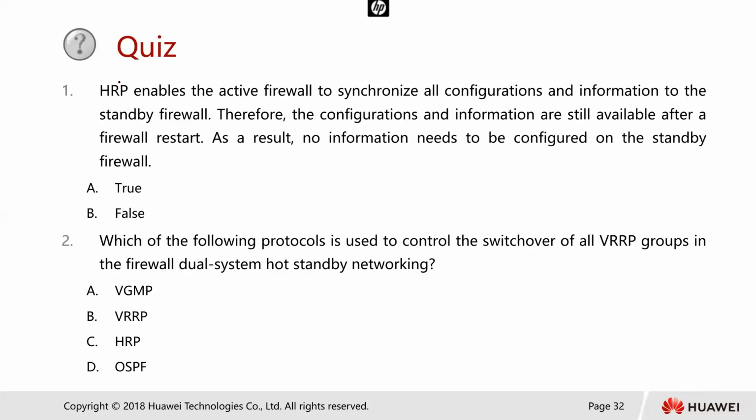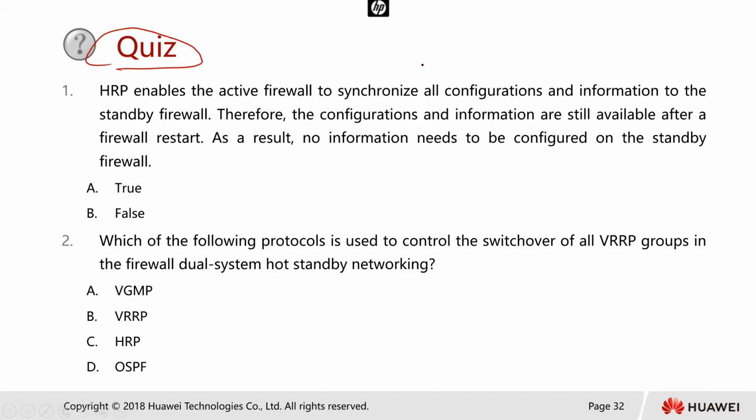So this takes us to our quiz for today. We are saying that HRP enables the active firewall to synchronize all configurations and information to the standby firewall. Therefore, the configurations and information are still available after a restart. As a result, no information needs to be configured on the standby firewall.